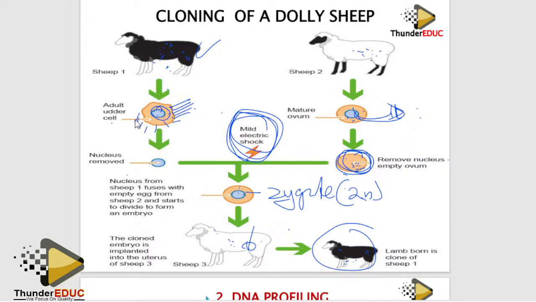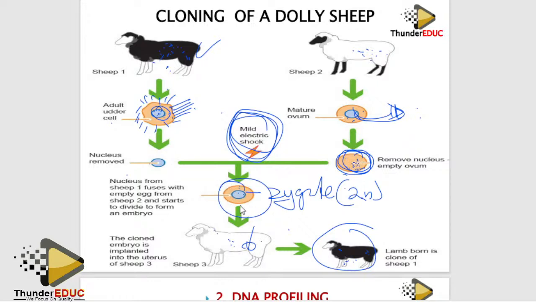You understand? And so therefore it cannot undergo meiosis. It cannot undergo mitosis too. It won't look like a zygote, because it is coming from another body cell. It's not coming from the gamete. That's why we have to bring a nucleus, its genetic material, and then we put it in the casing of the ovum, so that this thing looks like a zygote.